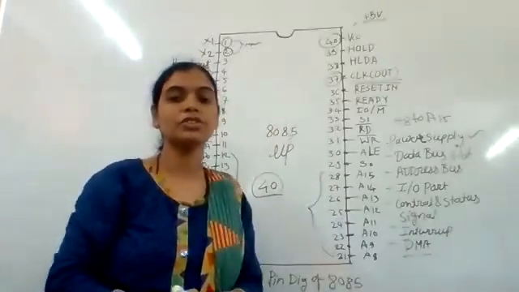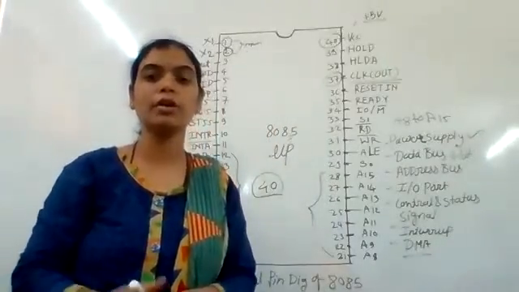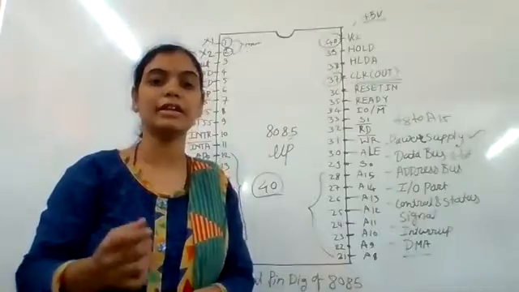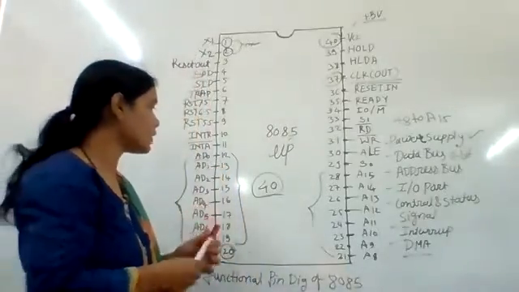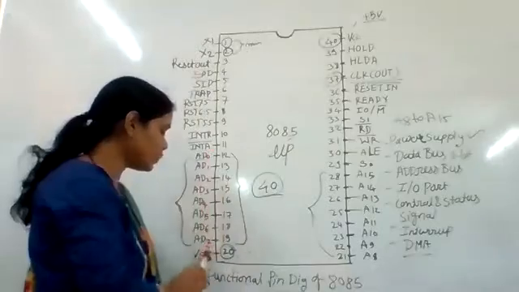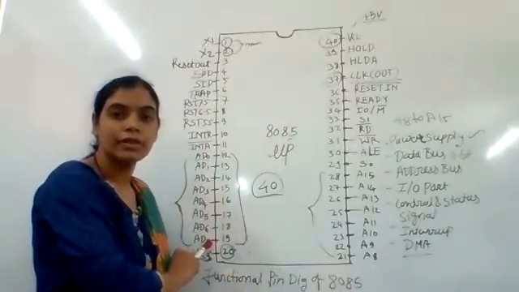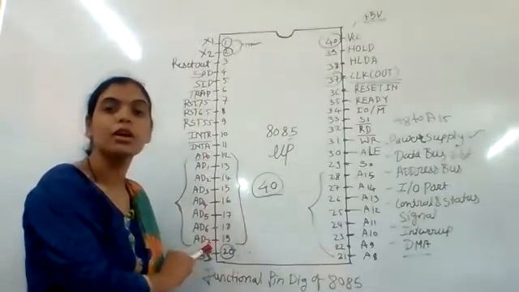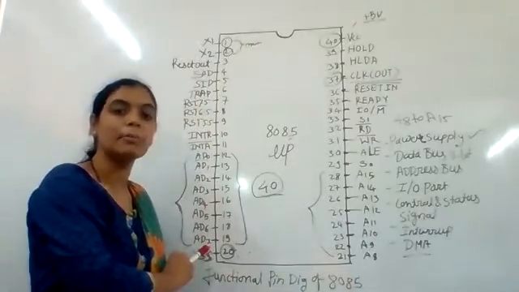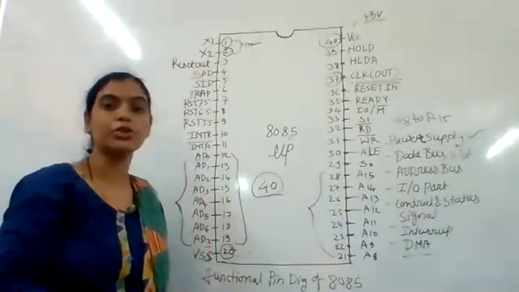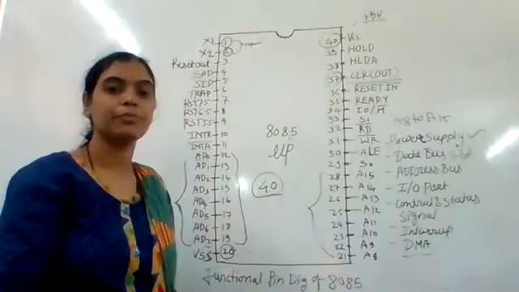The pin configuration denotes the lower order multiplexed address and data bus bits from AD0 to AD7.